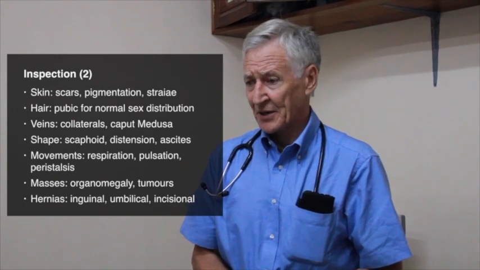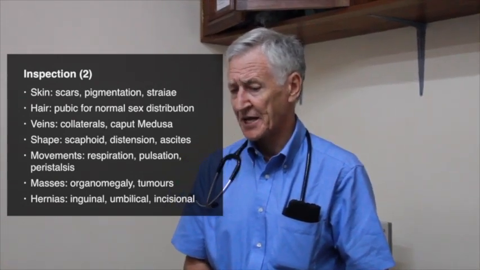The next part of the examination is probably the essence of the abdominal examination, palpation. And what we teach here is where we divide the abdomen up into what we call anatomical parts, so that when we come to describe the abnormality, we can name it.